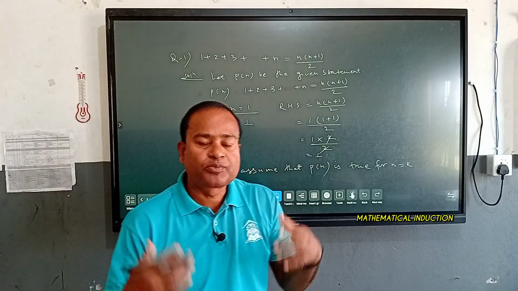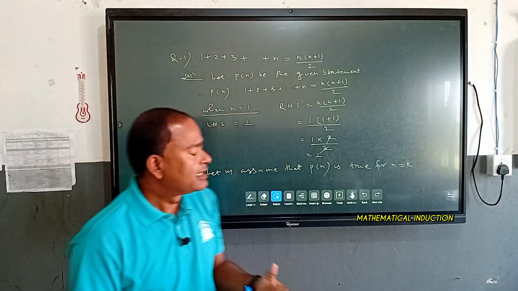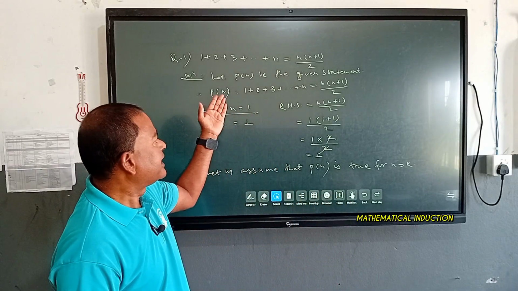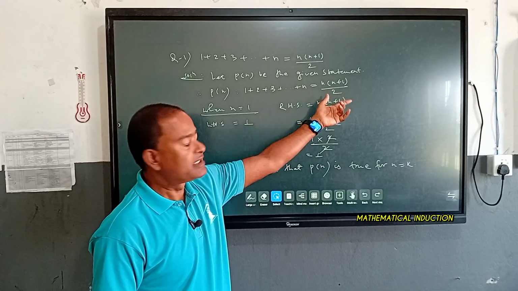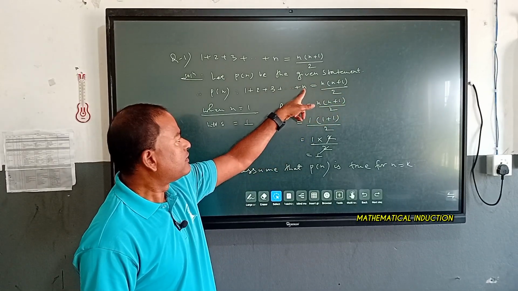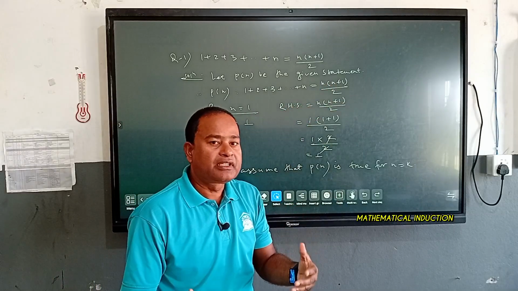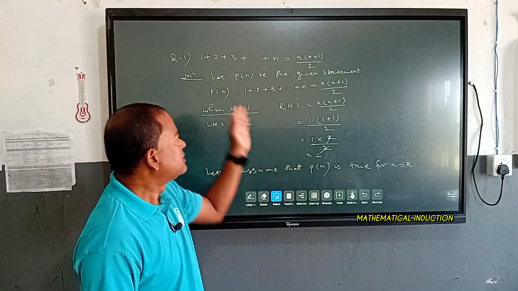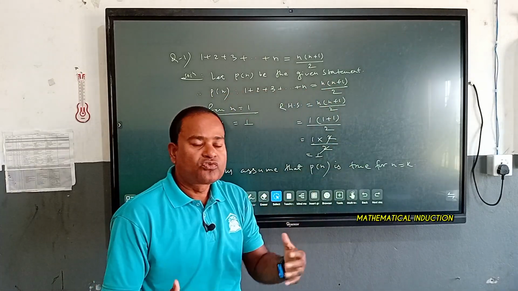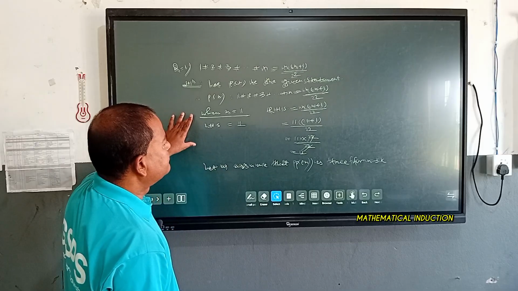So dear students, we assume that the given statement is true for n equals k. That means we'll put the value of n as k on both sides of the given statement, on the left hand side and on the right hand side.